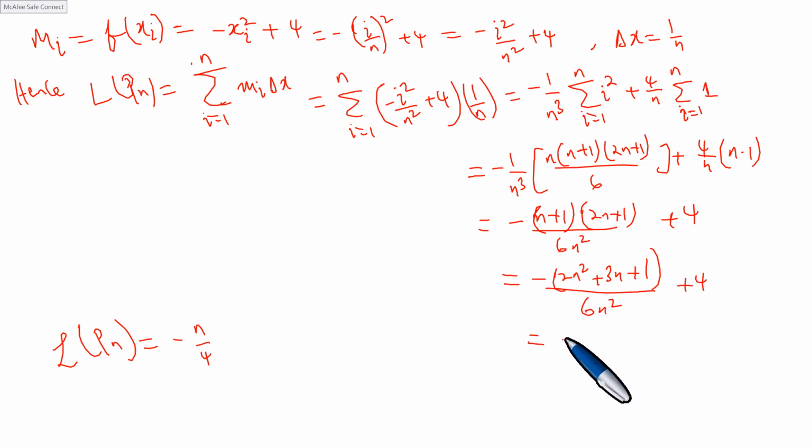And therefore this, if you divide, it's going to be minus 1 over 3 from this. And then next, 3 divided by 6 is a half, minus 1 over 2n, minus 1 over 6n squared, plus 4.